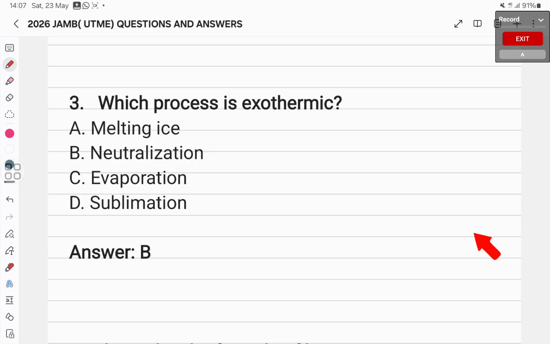But neutralization is a process that is exothermic because when acid is neutralized by an alkali or a base, heat is always released to form salt and water only. So the correct answer is option B, neutralization.